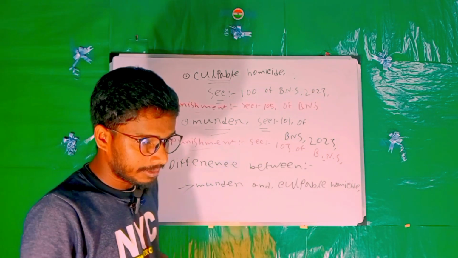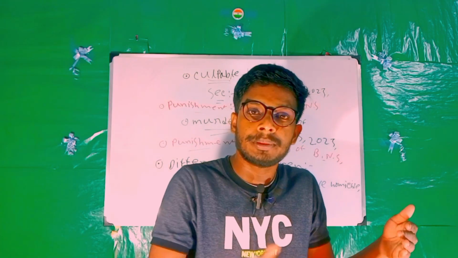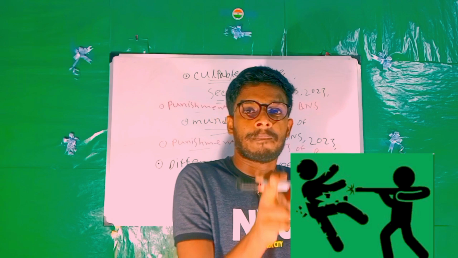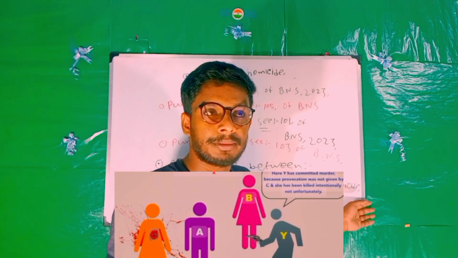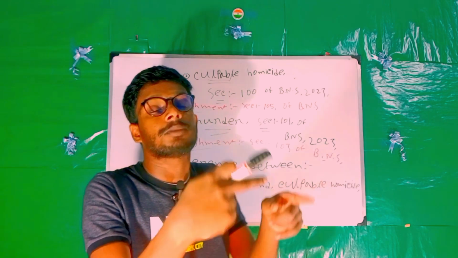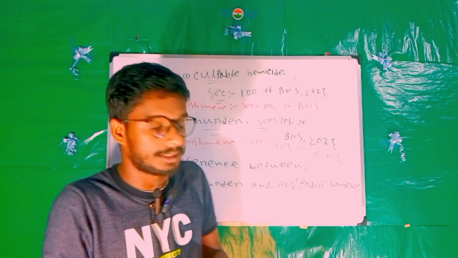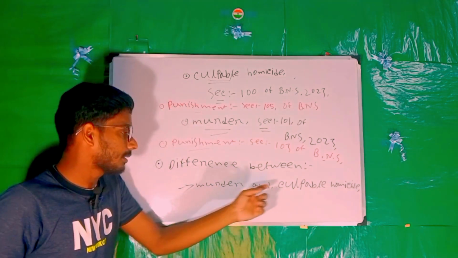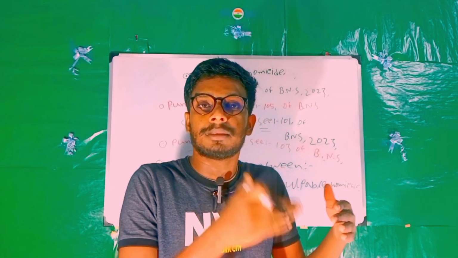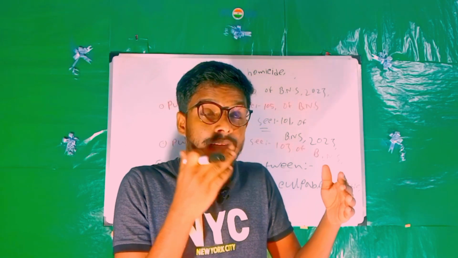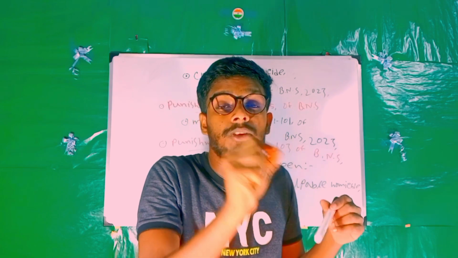Murder can be pre-planned and pre-arranged, but culpable homicide is not pre-planned or pre-arranged, because it is likely to cause bodily injury, and murder is likely or probable to cause death. Murder can come from sudden provocation and is likely to cause the death of the person.